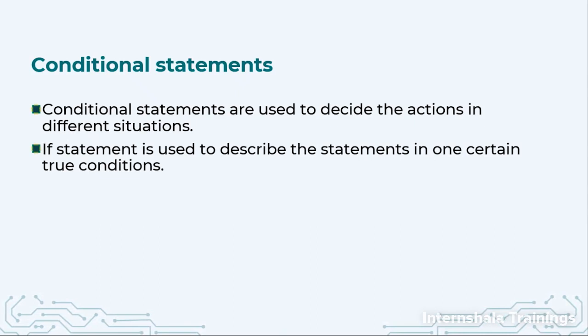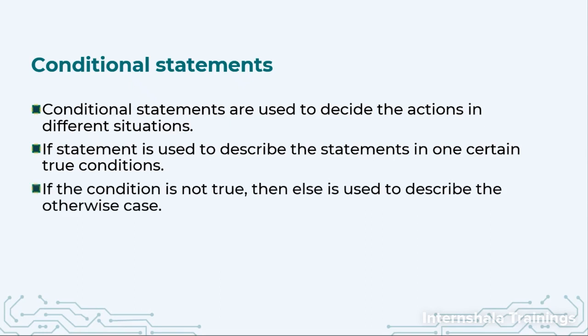If I have a very simple logic where I am just checking the sensor value, and if the sensor value is high, that means true, then do this. This is the simplest logic that we can have in conditional statements. And then I say, okay, if it is not true, then what should I do? Then we describe those actions also. This is how conditional statements work.